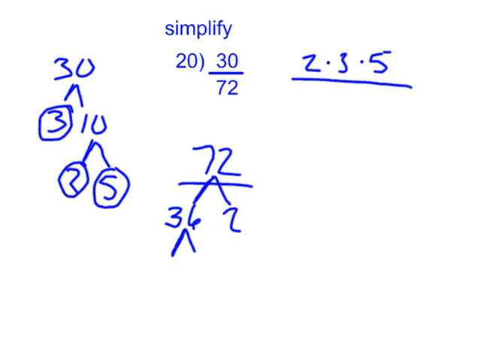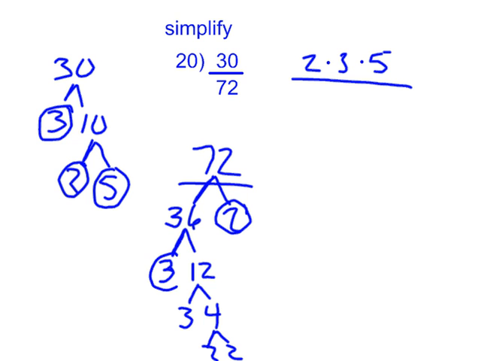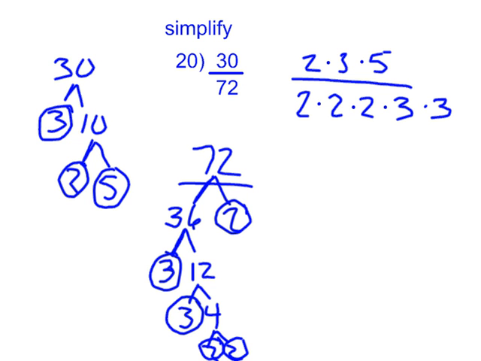And 36 can be 3 times 12, and 12 can be 3 times 4, and then 4 would be 2 and 2. So we've got 2, 3, 3, and 2 2's. 2 times 2 times 2 times 3 times 3. Now we look at what we can cancel. We can cancel one set of 2's, one set of 3's. So our numerator is going to be 5, and our denominator is going to be 2 times 2, which is 4, times 3, which is 12.